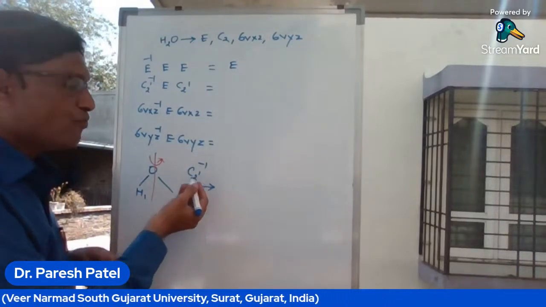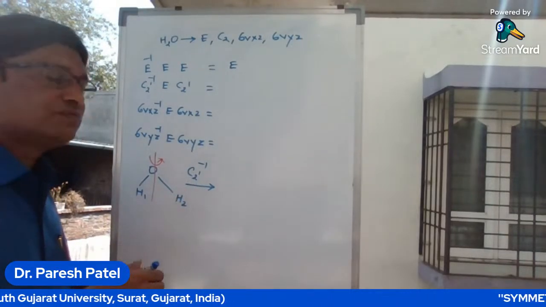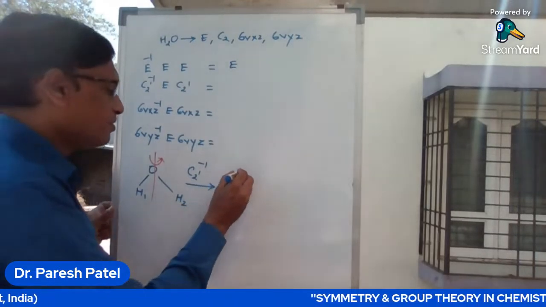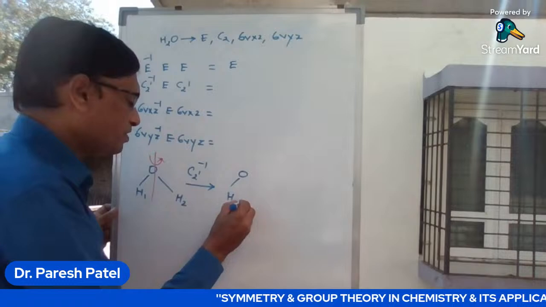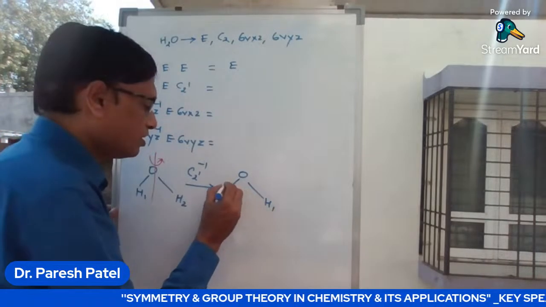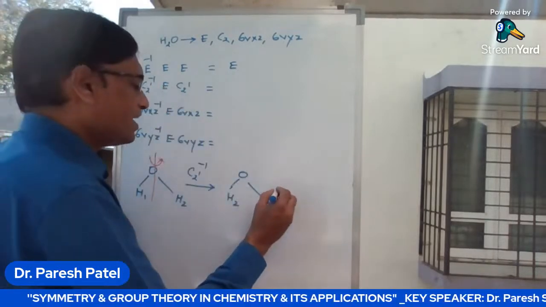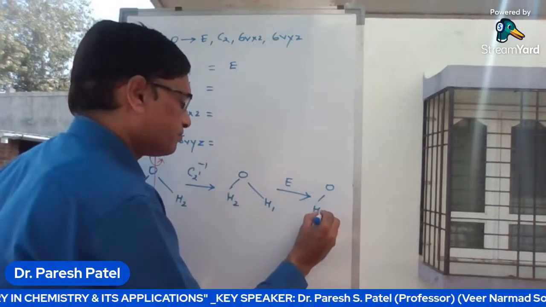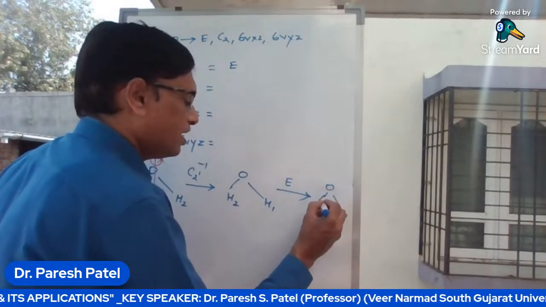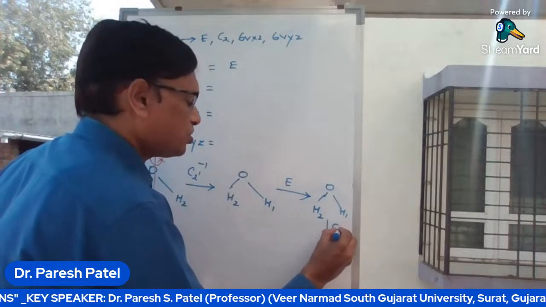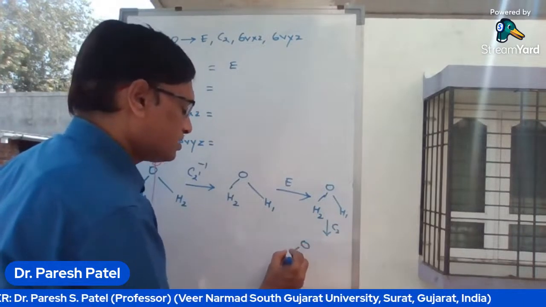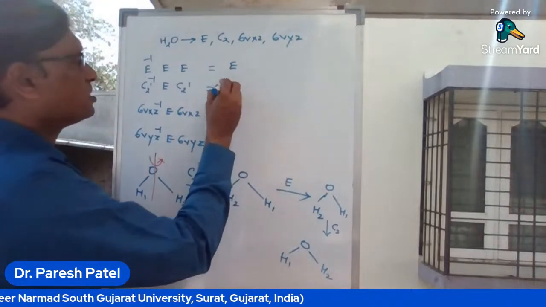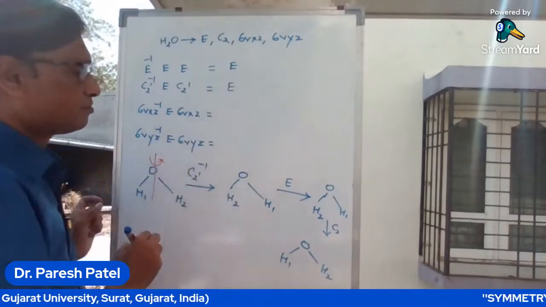So if you go for the C2 inverse, it means we have to go for the anti-clockwise rotation along the main principal axis, but answer will be the same in case of the water molecule, H1, H2. Then identity. So again, answer will be the same, H2, H1. And then C2, so answer will be 1 and 2, the original position of this molecule. So this can be represented as E.